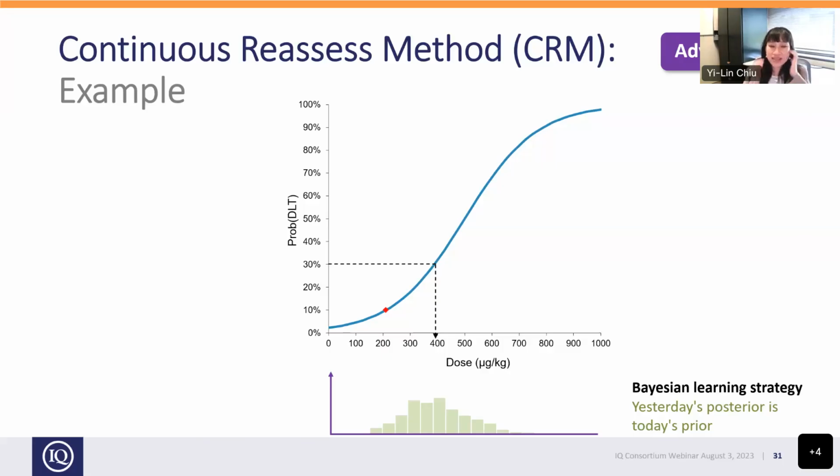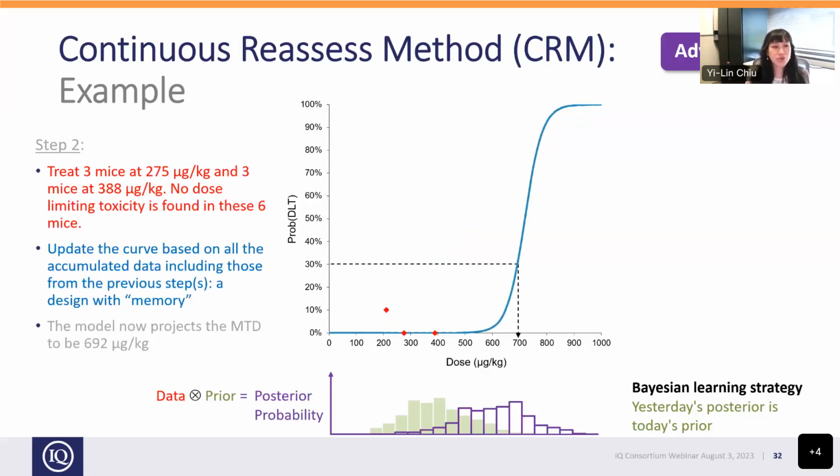And then in this next step, we have a more informative prior, right? So in this particular step, we treat 3 mice at 275, and then 3 more mice at 388. This is the result, and then we push the curve quite far right. Then the model projects the MTD as approximately 700 microgram per kg, right?